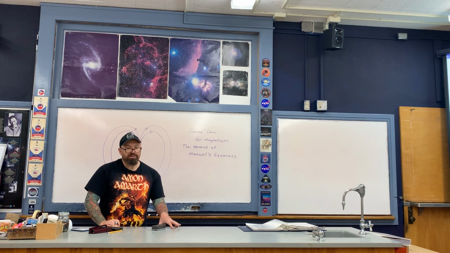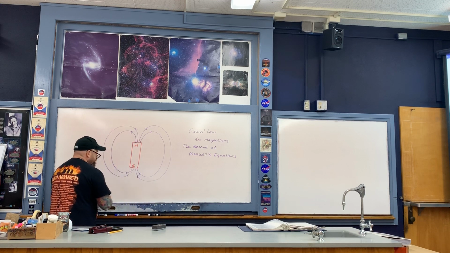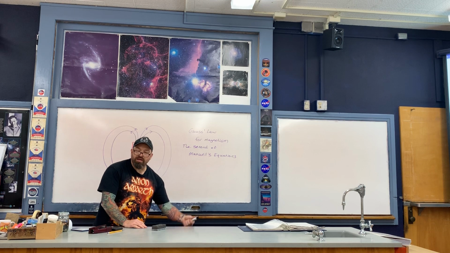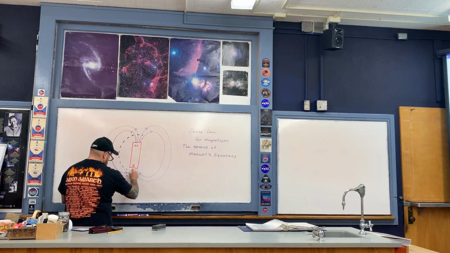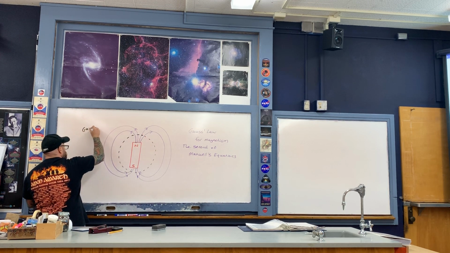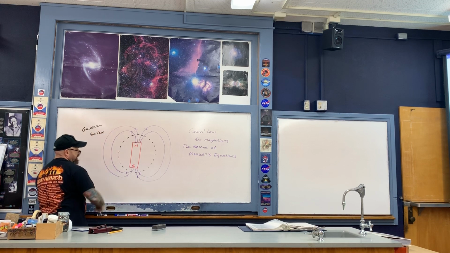What I'm going to do is set up a closed Gaussian surface that encloses both poles of the magnet. It doesn't matter, by the way, what the shape of the Gaussian surface is. I'm not going to do any sort of calculation associated with it. So let's say that right here is a Gaussian surface in black that surrounds the entire magnet.